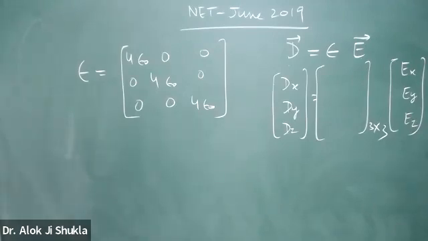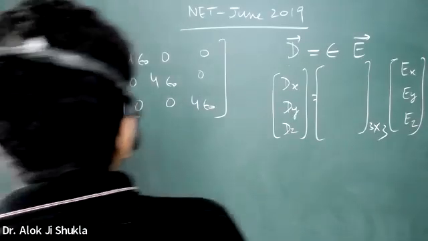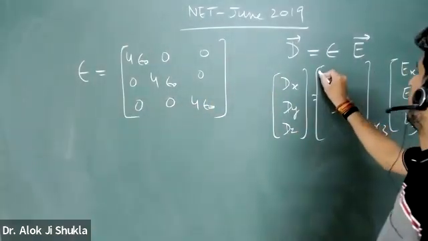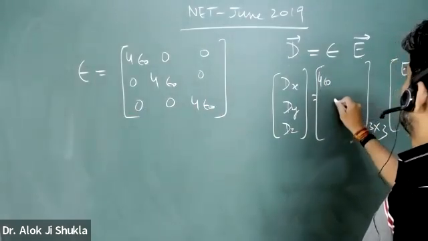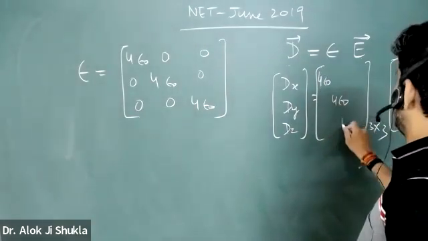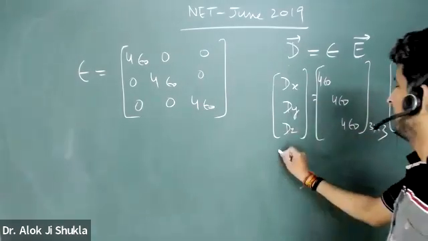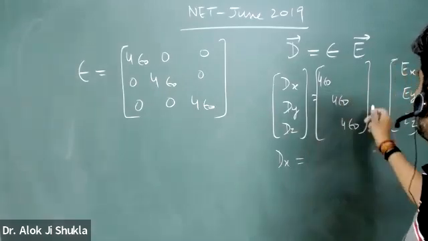No idea, sir. So you can see here, if I write it, it will become like 4 epsilon naught, 4 epsilon naught, 4 epsilon naught. Like that it will become na? Yes or no? Yes, sir. So if you write Dx, it will become what?